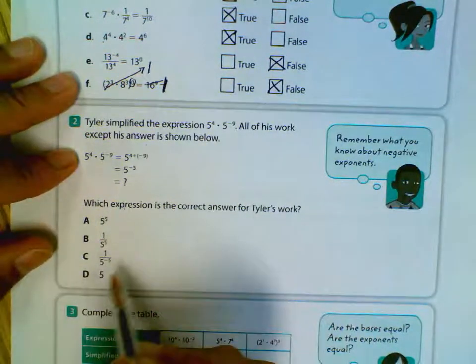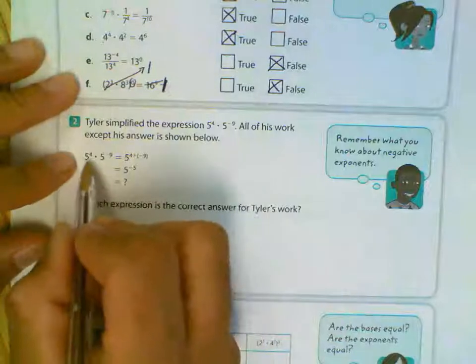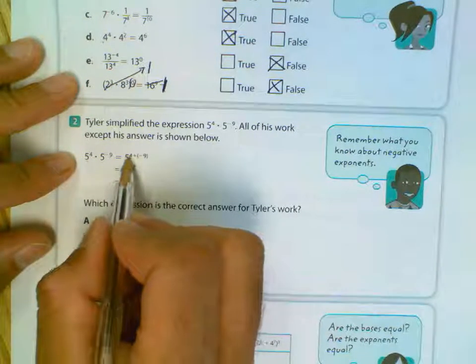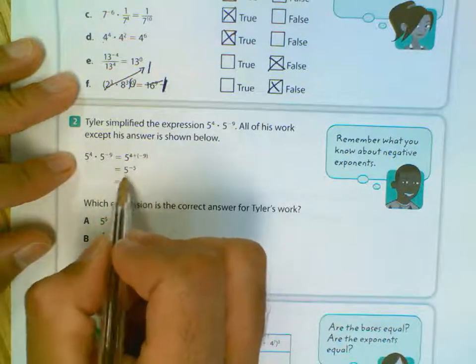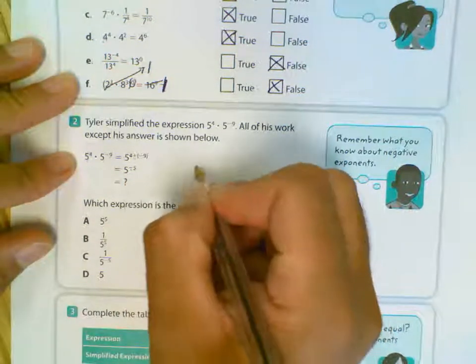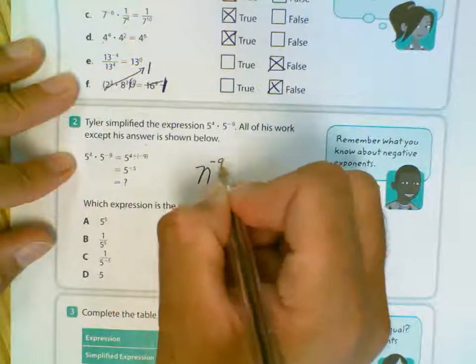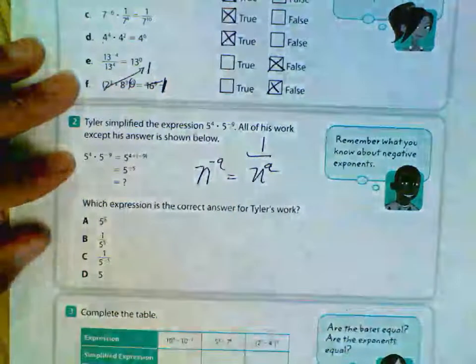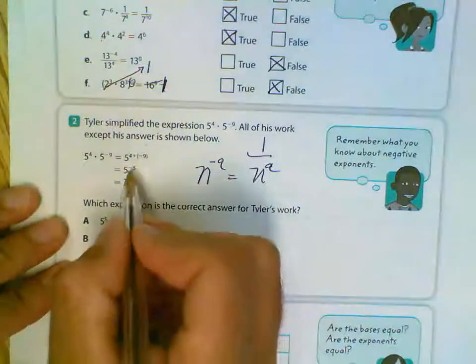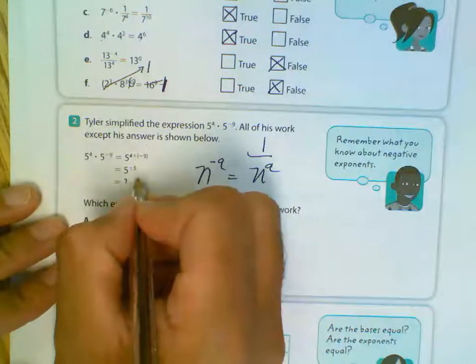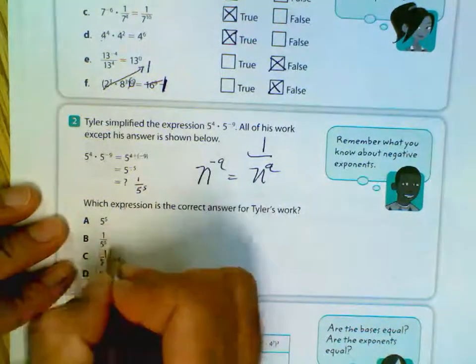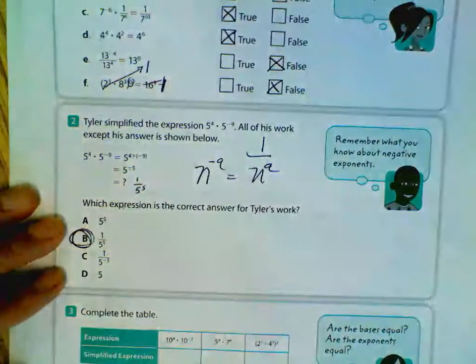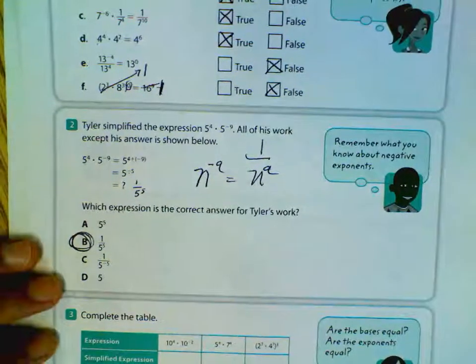I have same bases. We add 4 plus negative 9, which equals negative 5. Property: n to the negative a equals 1 over n to the a. So in this case, the negative becomes positive, so it's 1 over 5 to the 5th power, so it's B. Okay, B will be the solution.